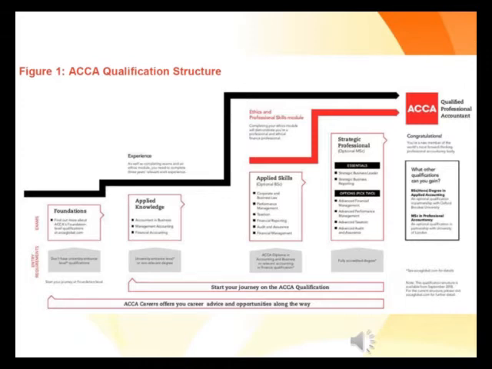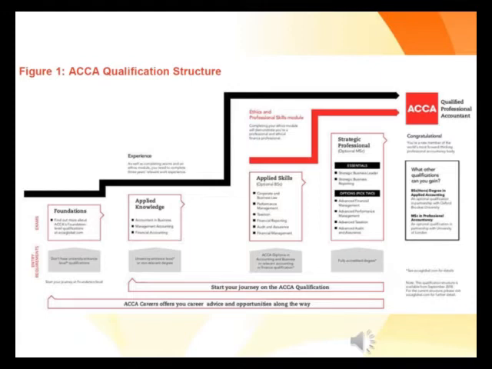But as a JPPro student, you just begin with the second level, which is Applied Knowledge, that you are going to learn in KMS for papers F1, F2, and F3, followed in your ITM by Applied Skills and Strategic Professional. For Applied Skills, you have another six papers, which are F4, 5, 6, 7, 8, 9.